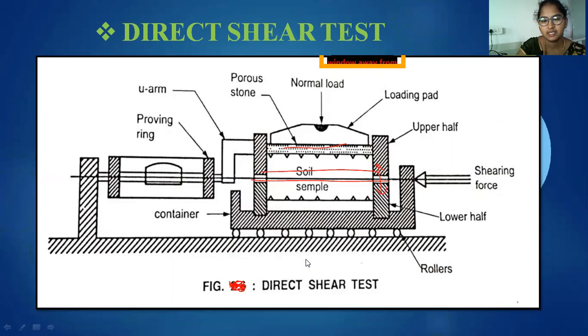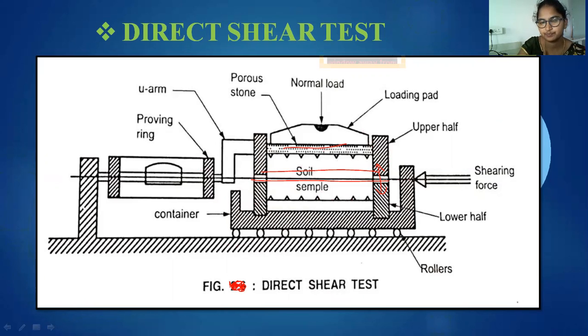The direct shear test consists of a mechanical operator, a machine, and one setup box. It splits into two halves, upper and lower. So we can see the failure horizontally.